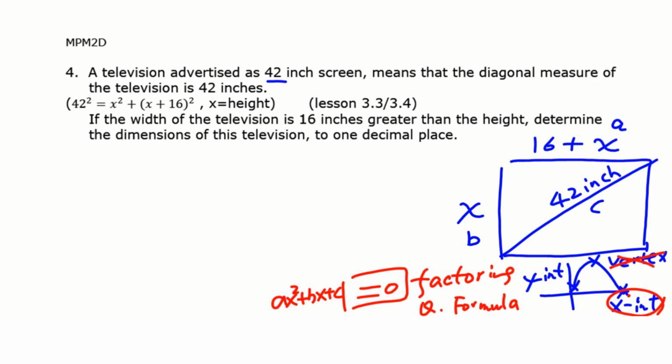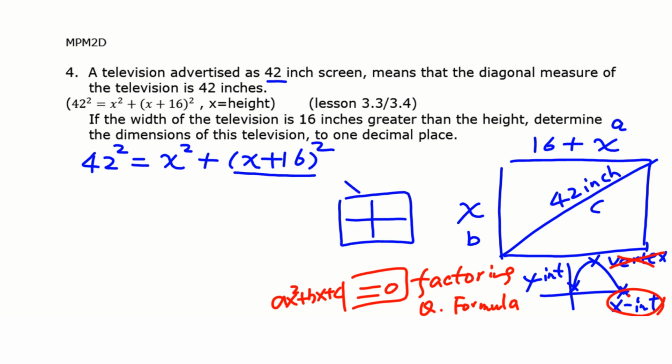So we are going to see 42 squared equals x squared plus x plus 16 bracket squared. We want to change it to standard form, then we need to get rid of the brackets. x plus 16, squared means x plus 16 times itself twice. x squared, 16x, 16x, 256.